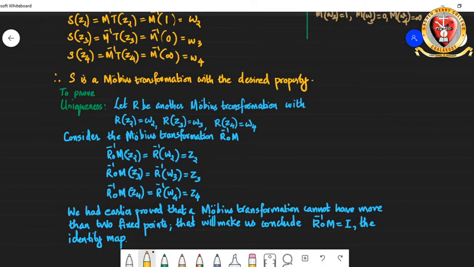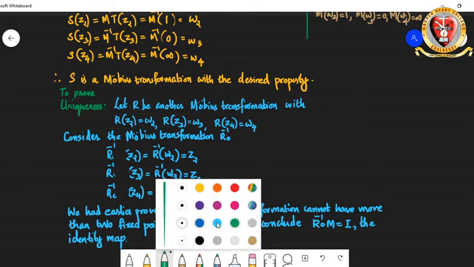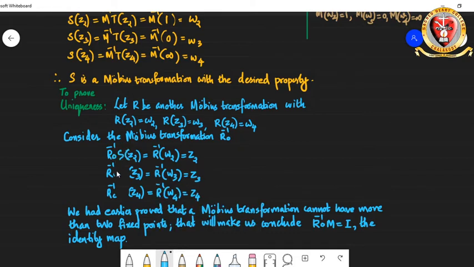So now we consider the Mobius transformation R inverse composition S, and we are calculating the image of z2, z3, z4 under R inverse composition S, and we are getting them to be z2, z3, z4 respectively.